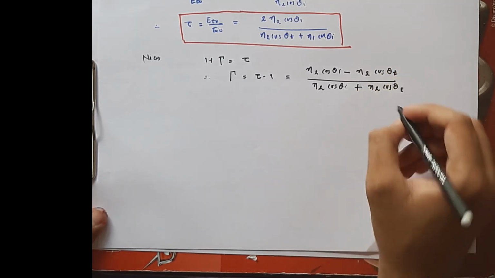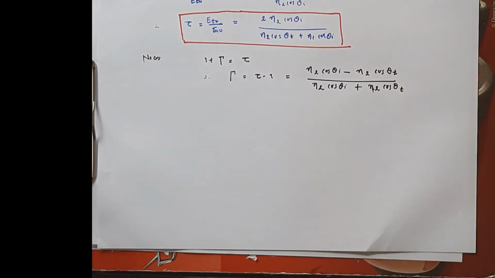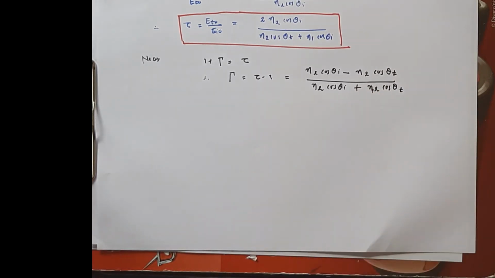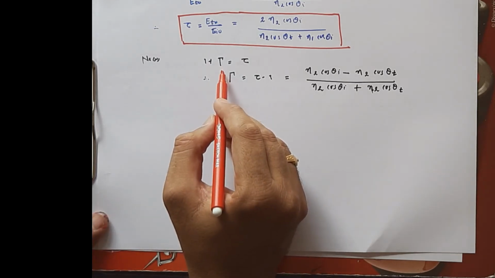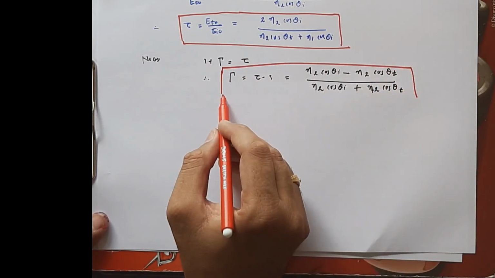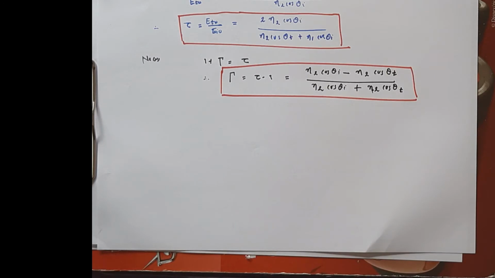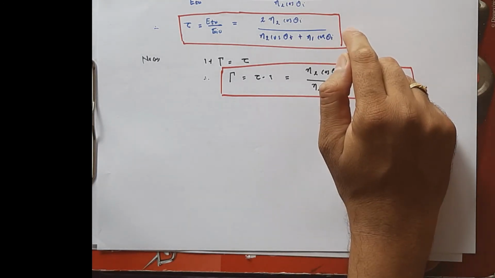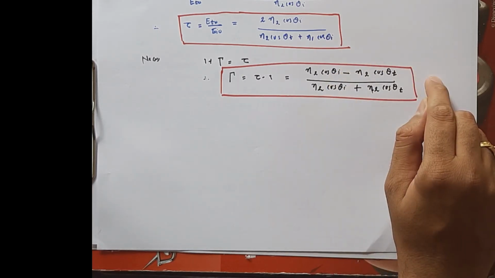It's not N, it's the intrinsic impedance, eta. So this is the equation of reflection coefficient. Clear? So we get two equations, for transmission coefficient and reflection coefficient.